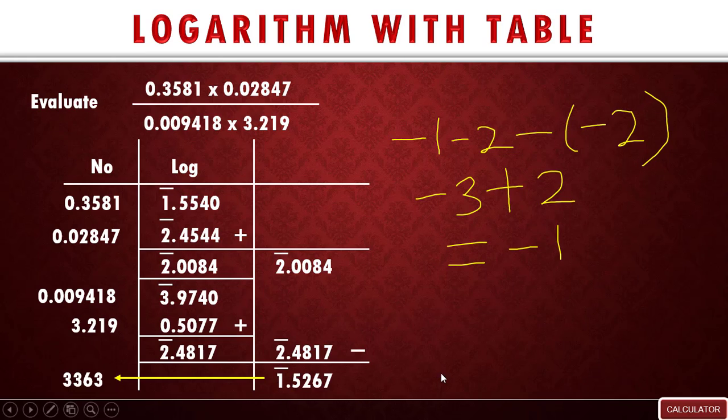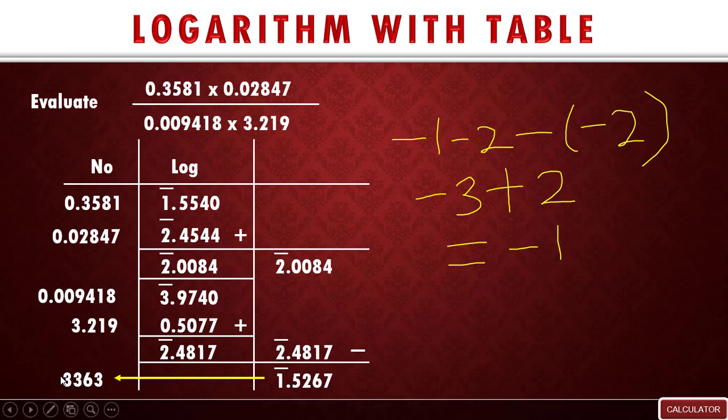So if that is 0, since we are supposed to count from this position, that's before the first number, that's where we are supposed to count from. So since the value we got is 0, that means we'll put our decimal here.